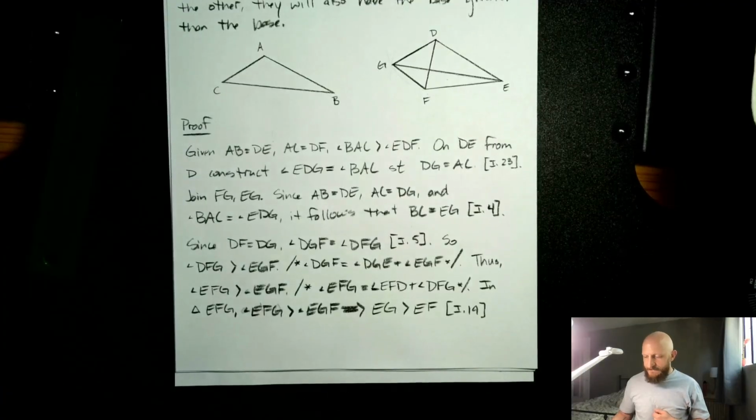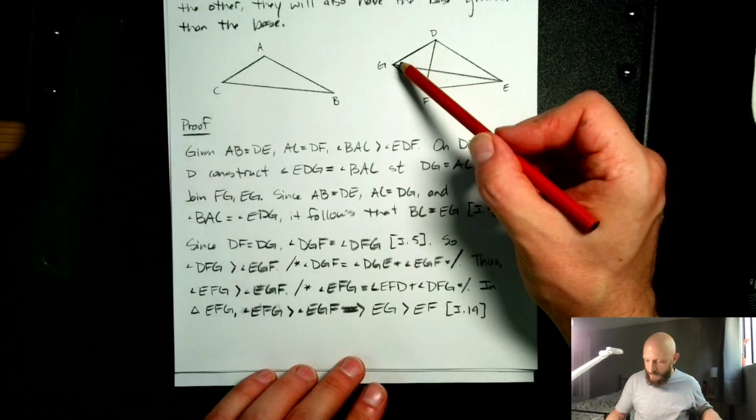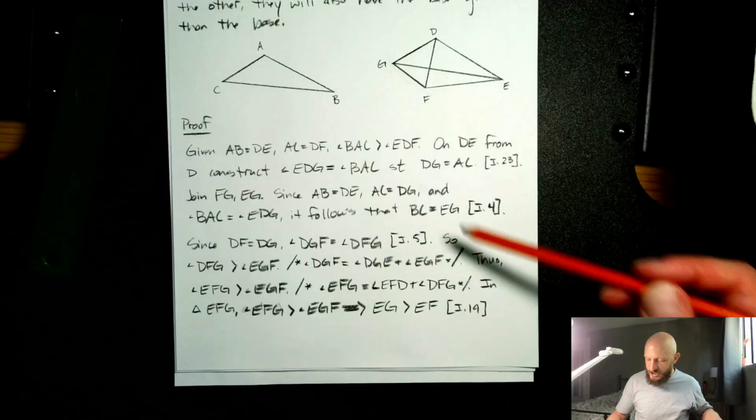But EG is equal to BC. We stated that somewhere, right here. BC is equal to EG.